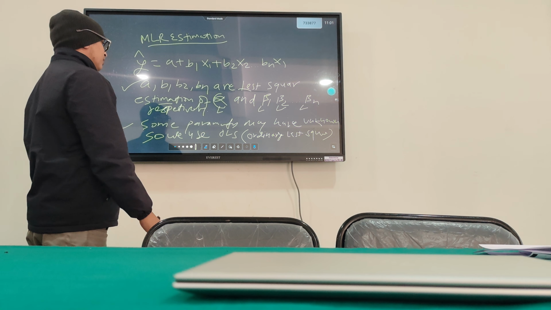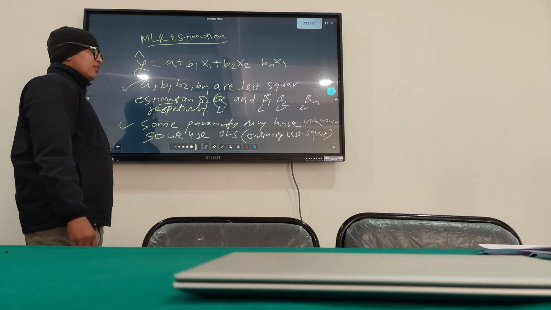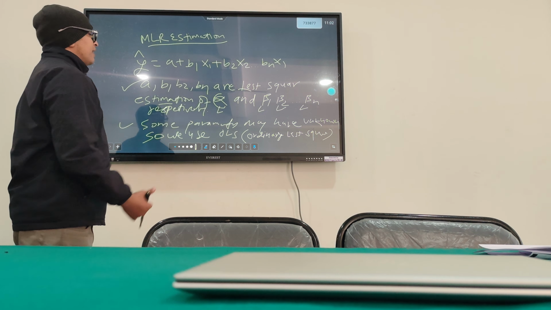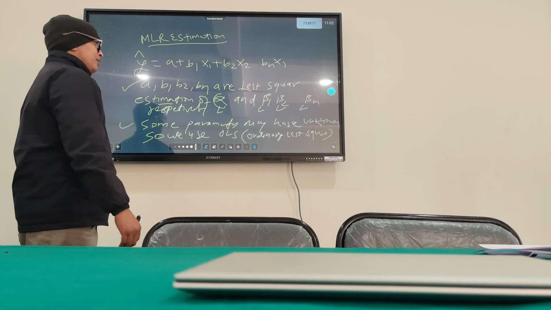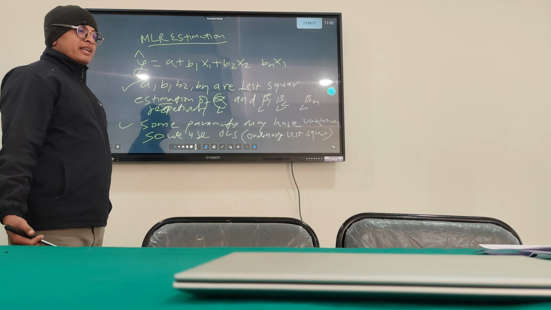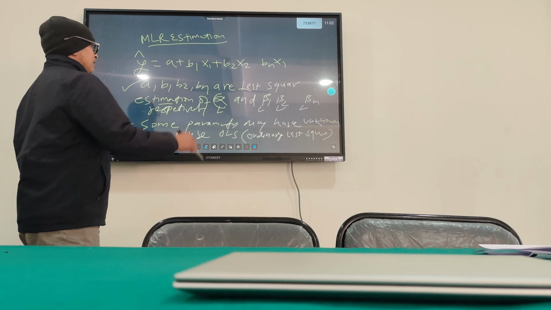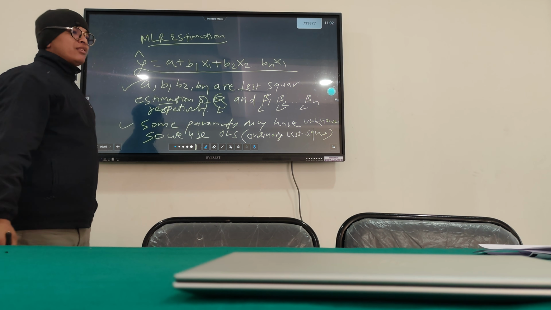In that case we use OLS, ordinary least squares, for the overall model. This is the final equation that programming tools use internally, though they do not show that they develop their functions through these equations. So this is the main equation for multiple linear regression.